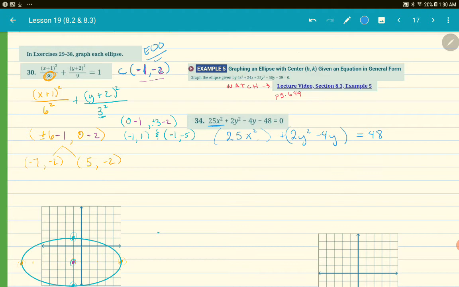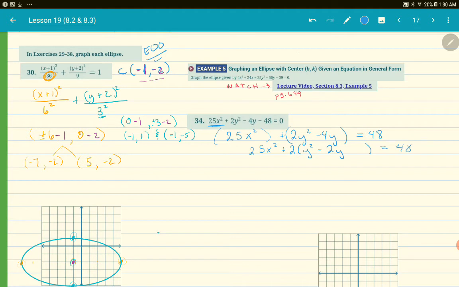Now, as I said, the 25x squared is already a perfect square, so I'm just going to copy that down without doing anything else to it. But to get the perfect square of the y's, I have to have a leading coefficient of 1. So I need to factor out that 2. So I factor out 2, and I'm left with y squared minus 2y equals 48.